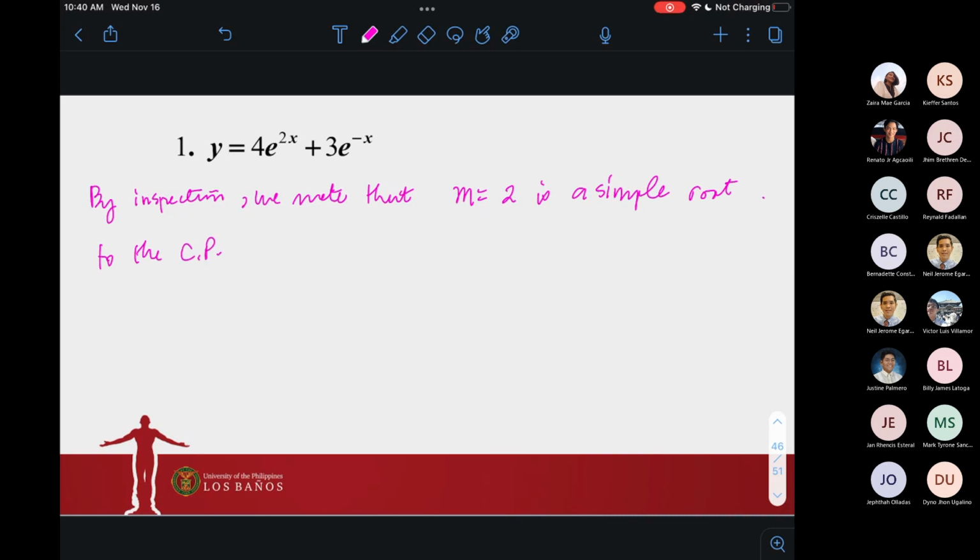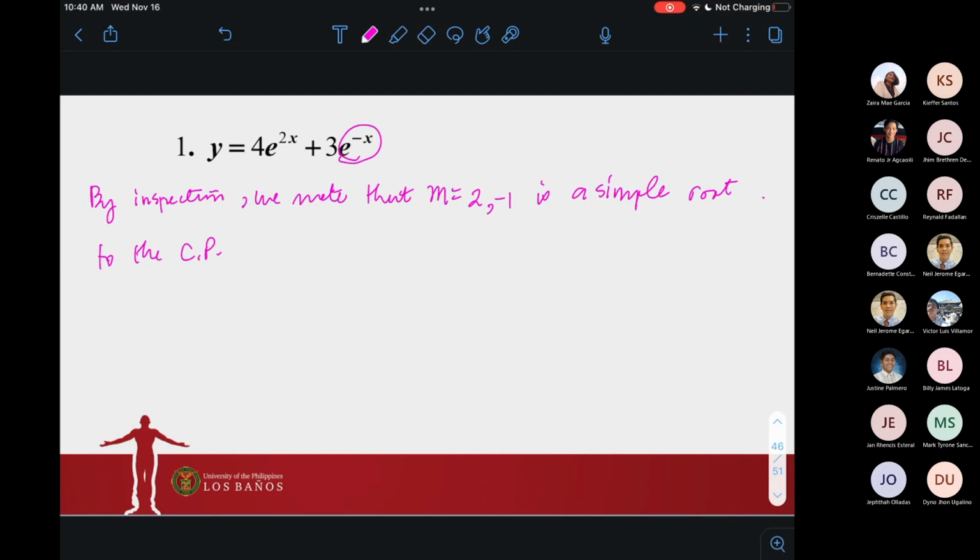Okay? Also, we got e to the negative x here. Nagkakaroon tayo ng e to the negative x sa solution kapag kasi negative 1 ay simple root din ng characteristic polynomial. So that means here, si negative 1 dapat isingit ko rin. Kasi si negative 1 ay root din na simple ng ating characteristic polynomial.